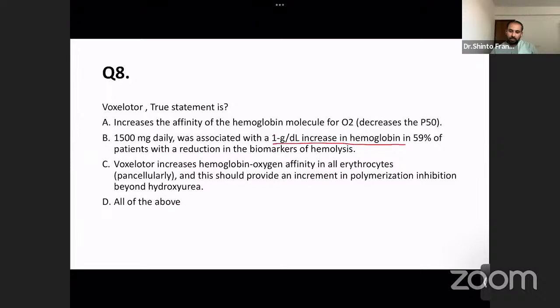So it all seems to be true. It is a molecule which increases the affinity of the hemoglobin molecule for O2, and 1500 is the daily dose.